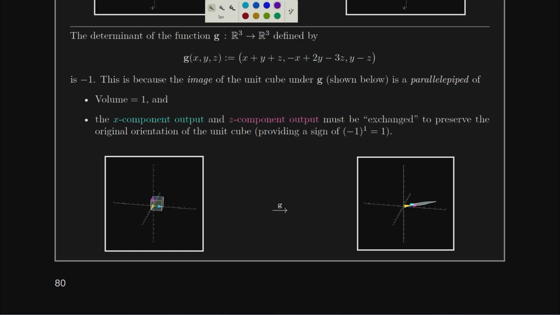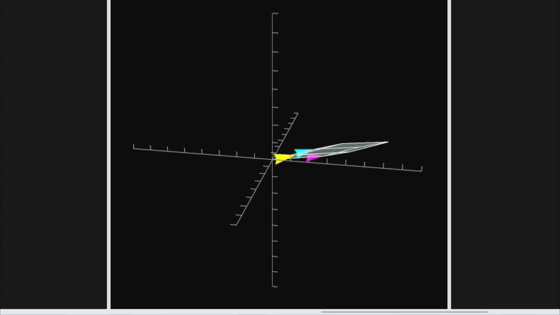Finally, in the z direction, recall the z vector is 0, 0, 1. So we're going to plug in 0, 0, 1, which will give us 1, negative 3, negative 1. And so that's what's pointing out over here. It's 1 in the x direction, negative 3 in the y direction, and then down a little bit in the z direction. But all of those are a little hard to see. If I zoom in on that image, you can see it maybe a little bit better.